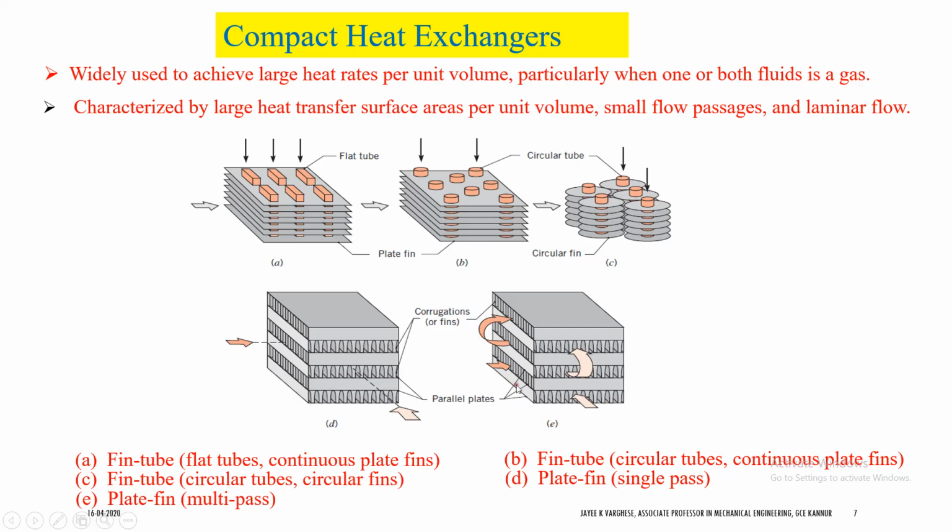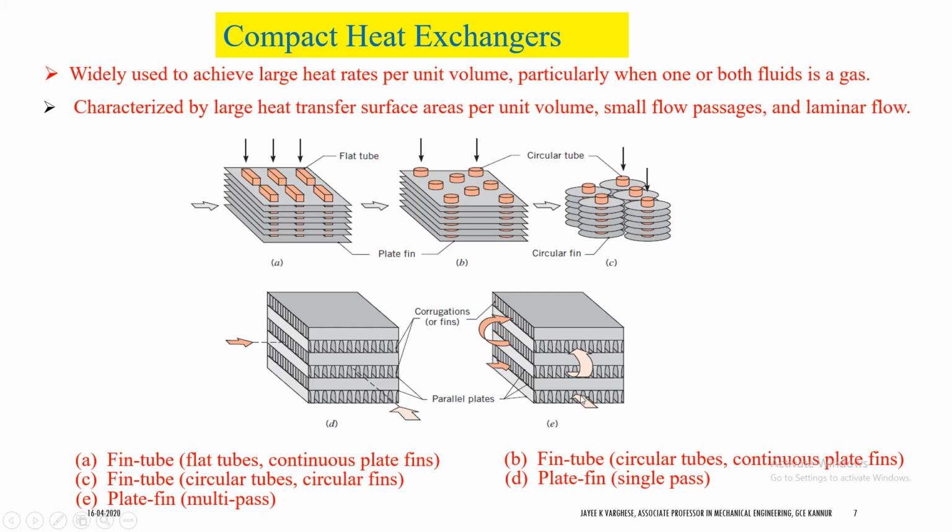Whereas in the last figure E, we can see that the hot fluid which enters at this end will flow through this passage, then returns through the second passage, again goes back and takes a U-turn, like 1 pass, 2 pass, 3 pass. And the other fluid also has 1 pass, 2 pass, it comes out and again goes back like this.